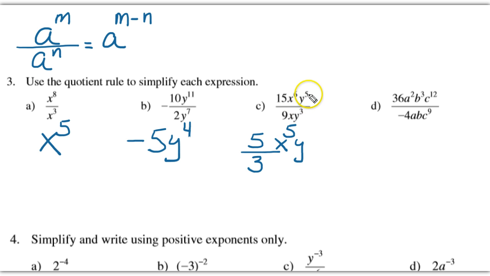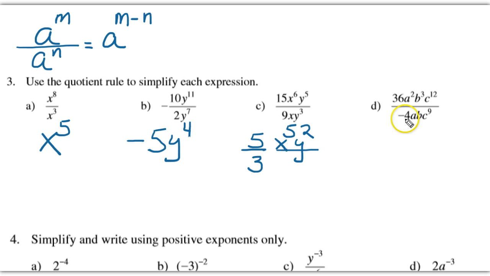Y, we're going to subtract the 3 from the 5 and get 2. Now you can put this all over like this, or you could actually do a little separation there and write it this way, without that division bar there.